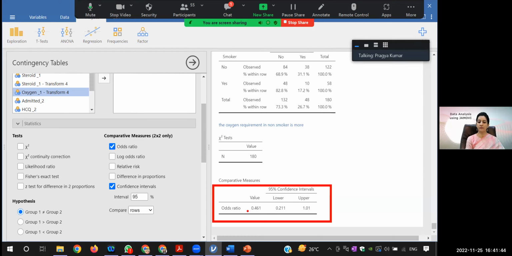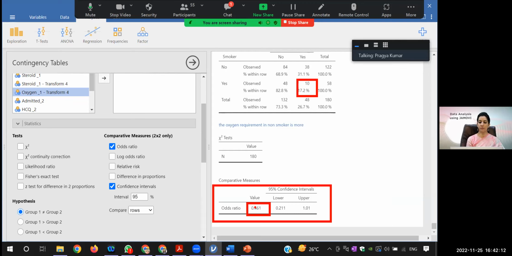So what will be the interpretation of this 0.461? This 0.461 tells you the odds in this cell. If you focus, this says the odds in the smoker. So it tells you about the oxygen requirement, because that is the dependent variable.